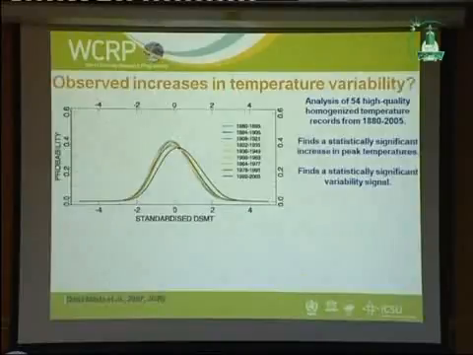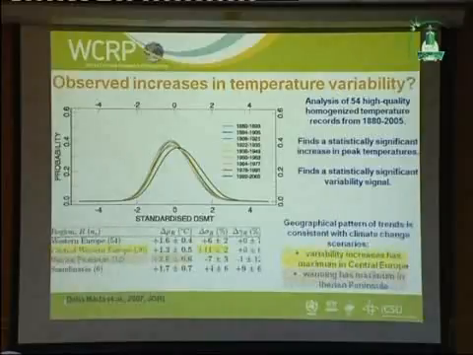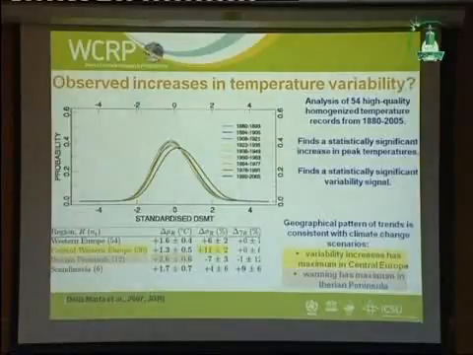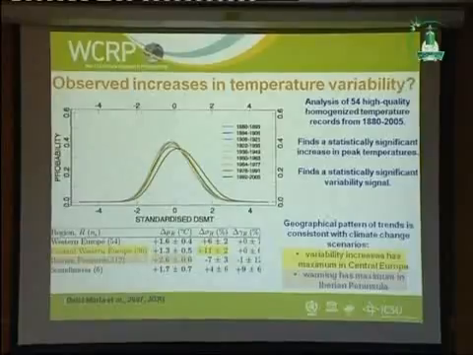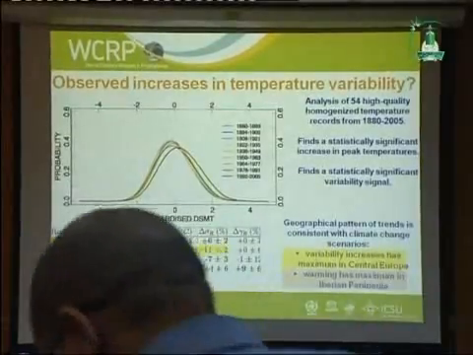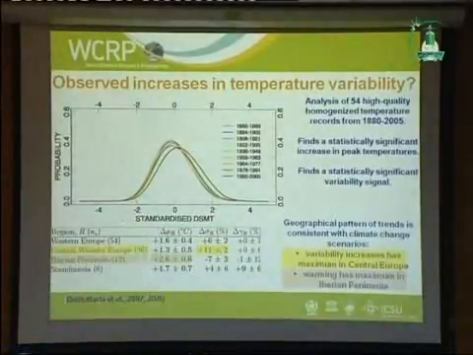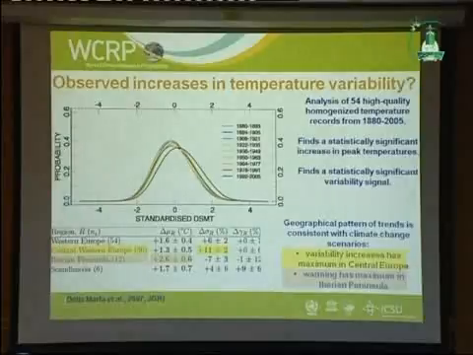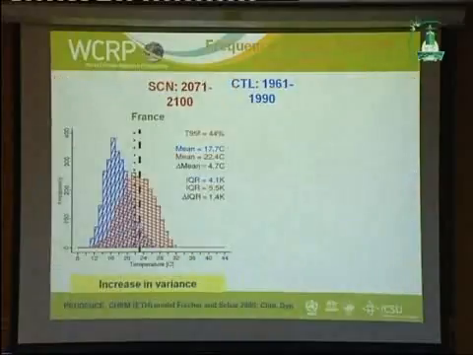But let me give you a few examples of what we know. When scientists looked at the temperature records over Europe and looked at two different periods, 1880 to 2005, they see clearly a major trend developing that is regionally specific over Europe.